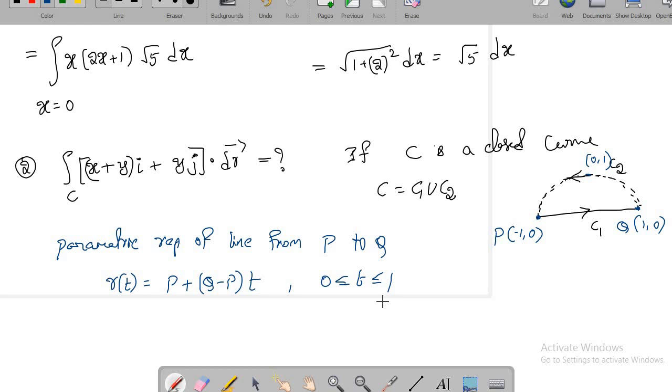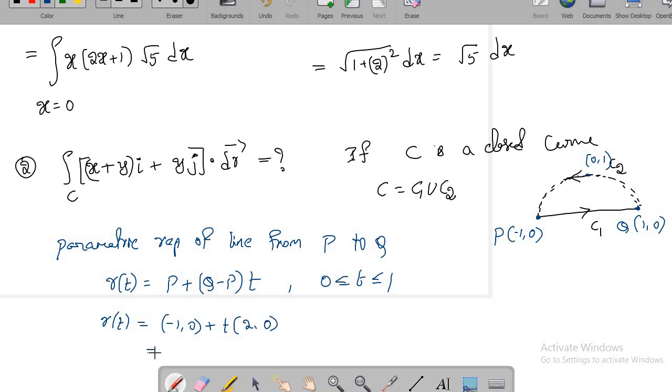You can see that when you plug in t equal to 0, you get P, whereas when you plug in t equal to 1, you get Q. He is starting at P and ending at Q. Now r of t here is negative 1 comma 0 plus t times (Q minus P), which is 2, 0.